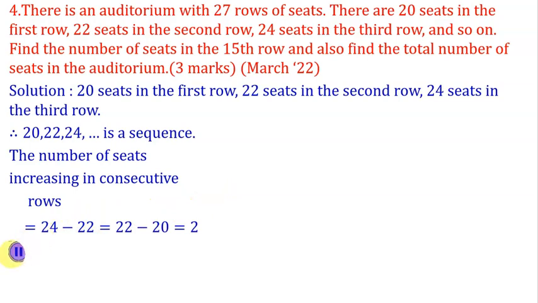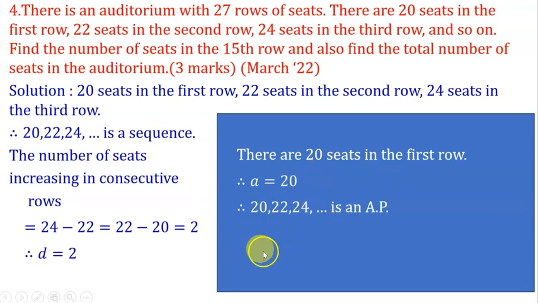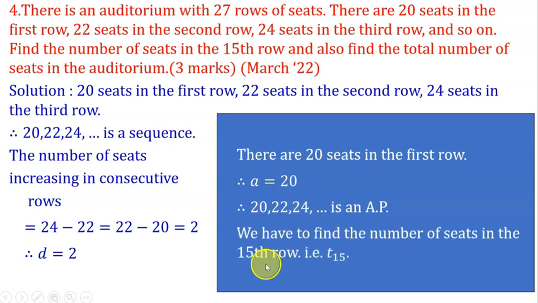Therefore, 24 minus 22 or 22 minus 20, you will get here 2. प्रत्येक ओळीमध्ये असणाऱ्या सीटचा डिफरन्स किती आहे तर 2 आहे. ओके, therefore here the value of D is equal to 2. Now next, there are 20 seats in the first row. Therefore the value of A is 20. 20, 22, 24 is an AP. We have to find the number of seats in the 15th row, that is T15.